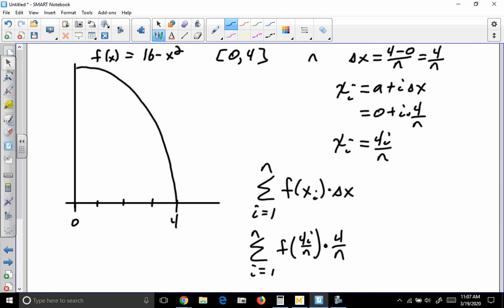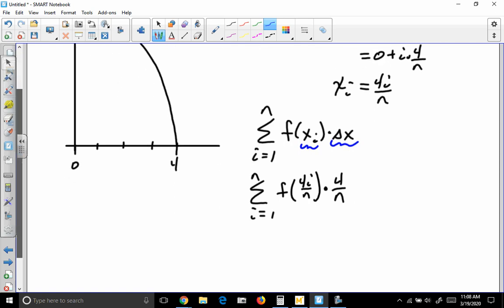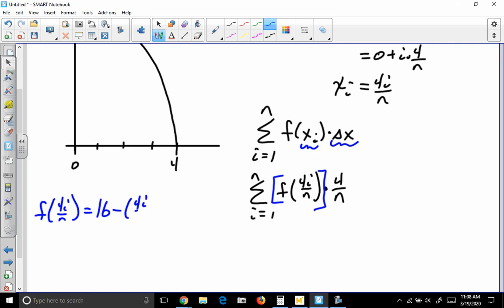For each function and for each interval, we have to determine what is our x sub i and what is our delta x, so we'll know what to plug into our function. Now, we need to evaluate our function at 4i over n. We need an expression for that. So if we substitute 4i over n into our function, we get 16 minus (4i over n) squared. So 16 minus 4 squared is 16, i squared over n squared.